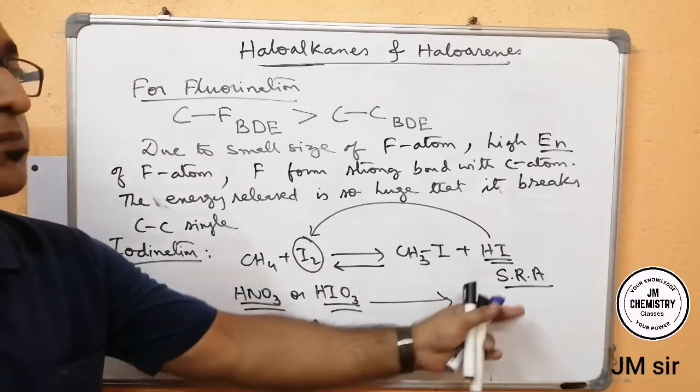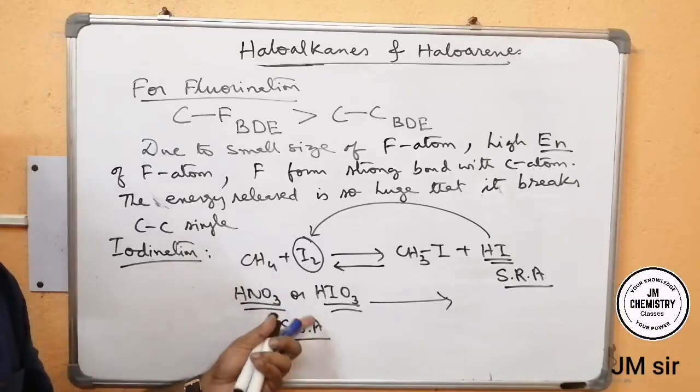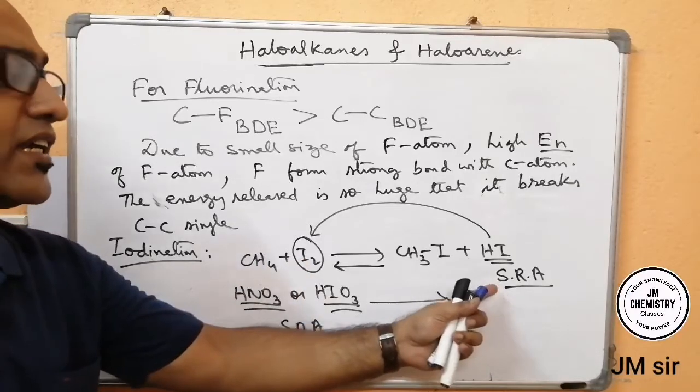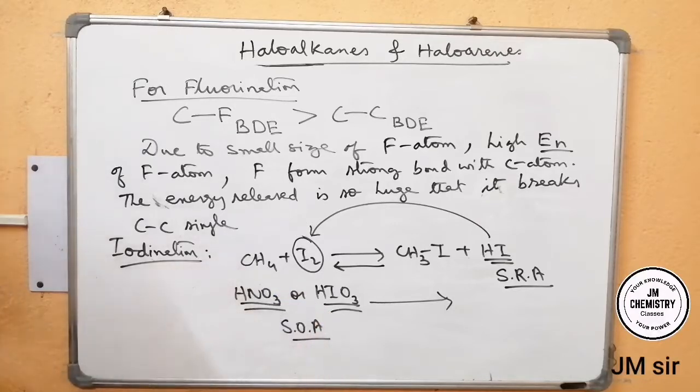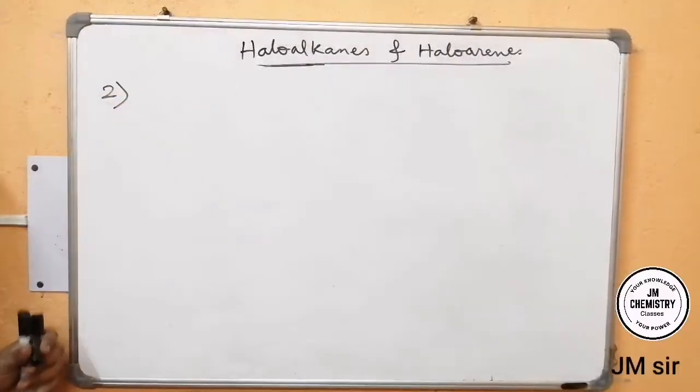Since the product is being removed and the reactant has been added, because HI is oxidized to I2 by HIO3 or HNO3. Next we will move on to the second preparation.